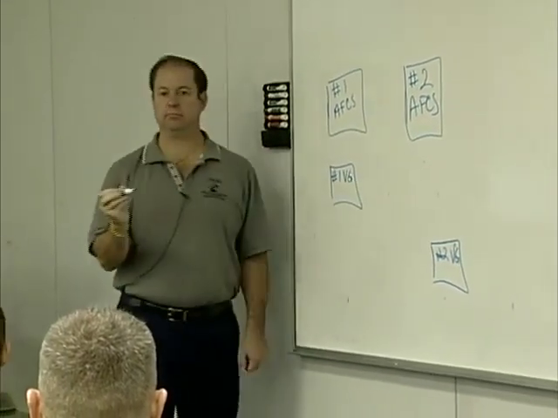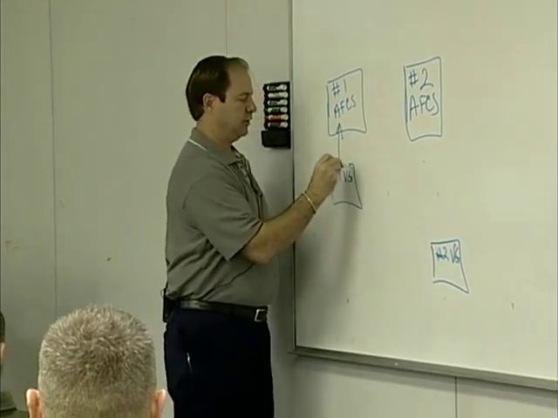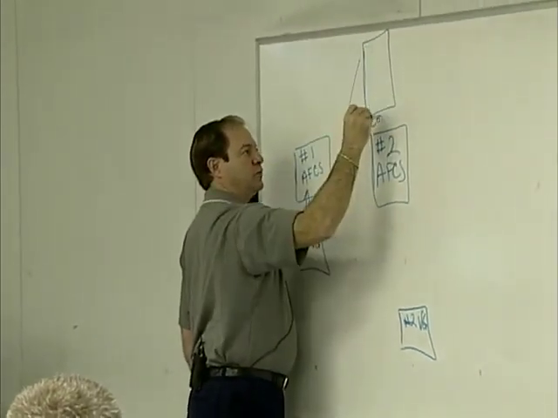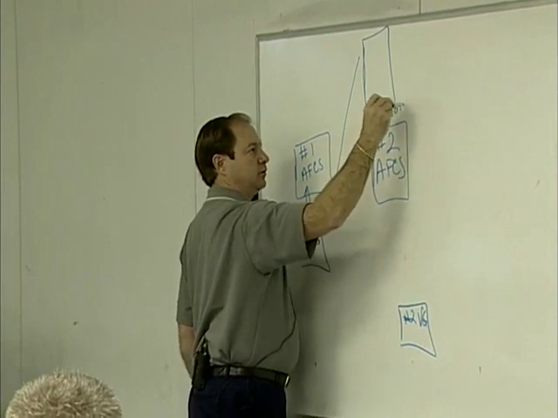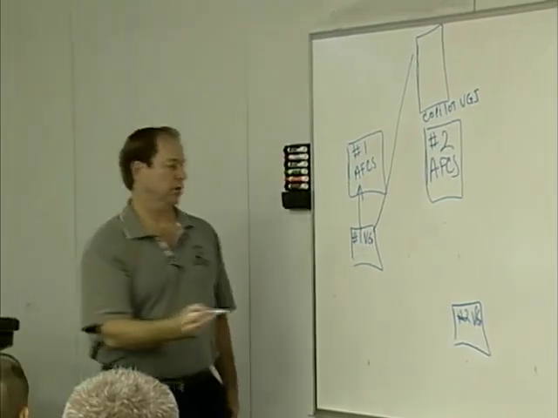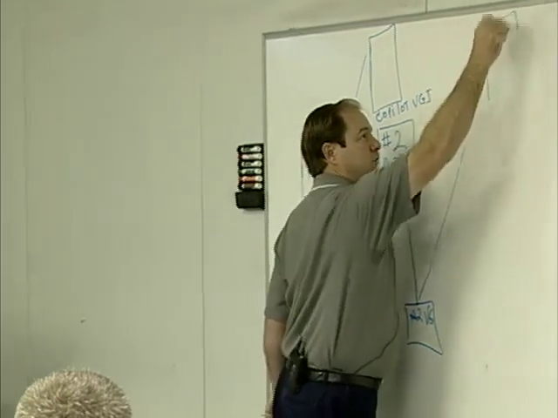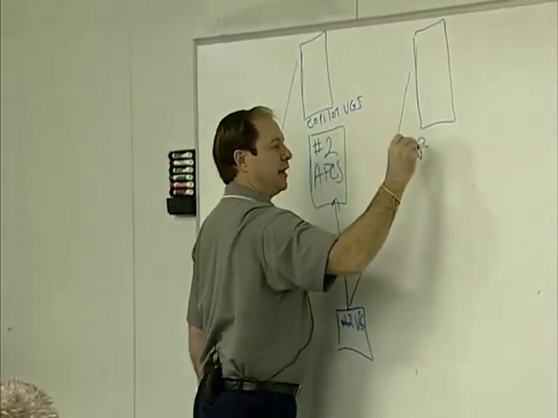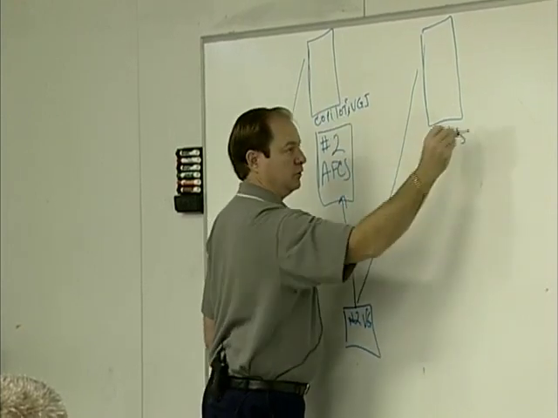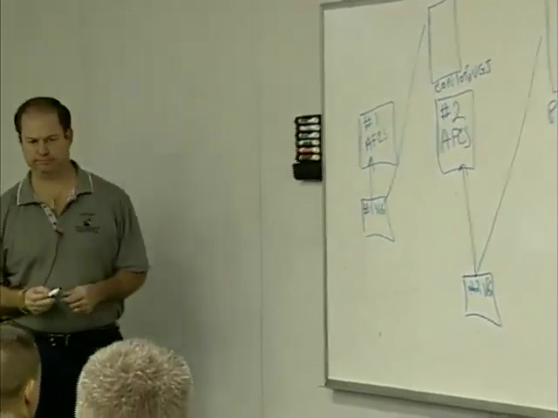Now the mindset, based on what we teach, is that this signal goes here as well as goes to the co-pilot's VGI. Agreed? So this signal goes here as well as going to the pilot's VGI.